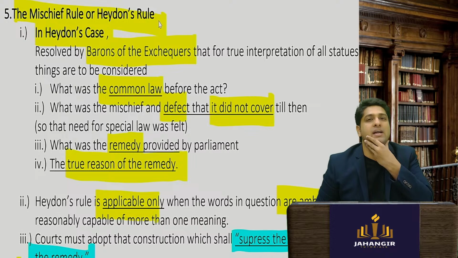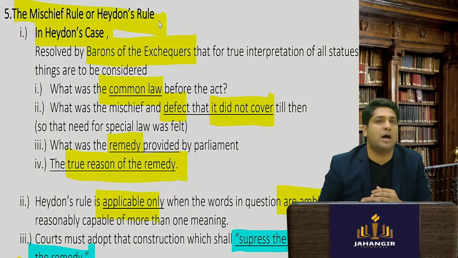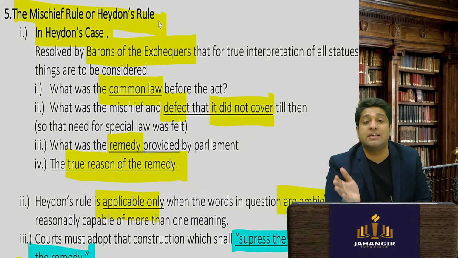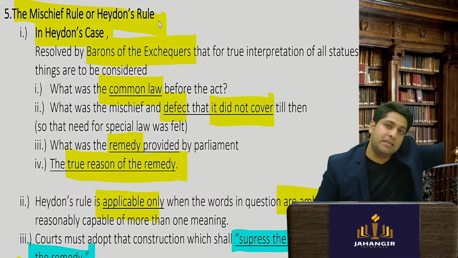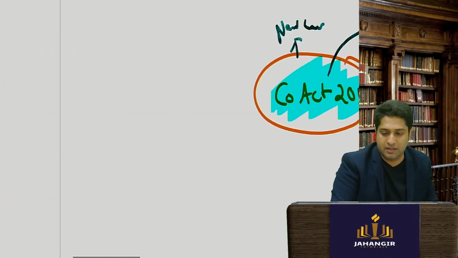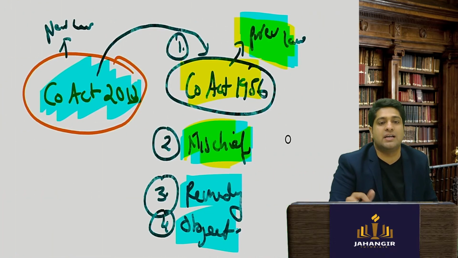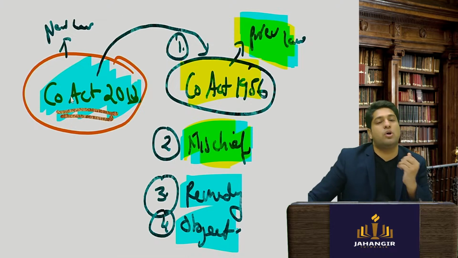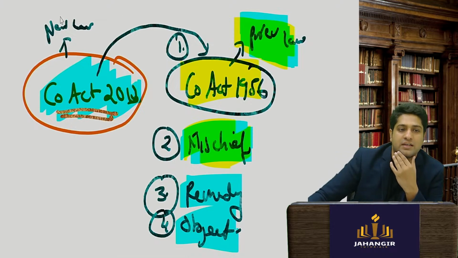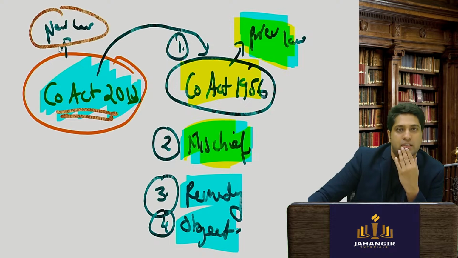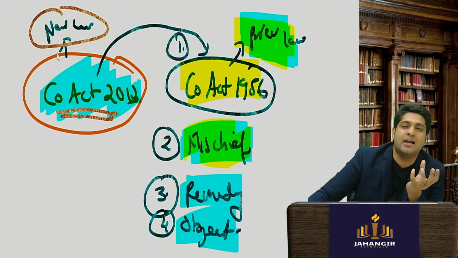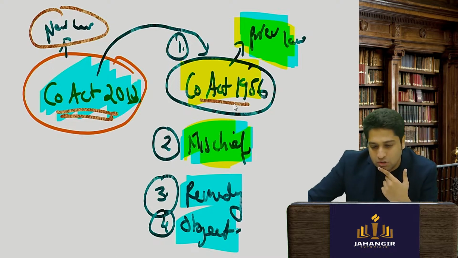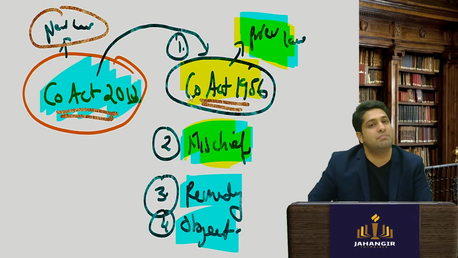It says that if there is a confusion in understanding any particular law, then go to the previous law. For example, if I want to understand Companies Act 2013, which is the new law, and I find a provision a little confusing, I will go back to the previous law, that is Companies Act 1956.